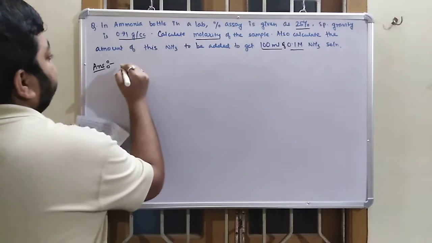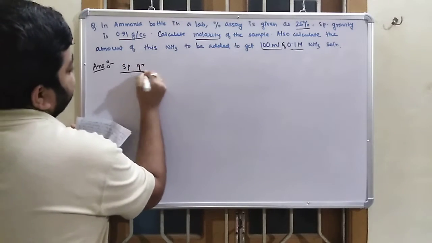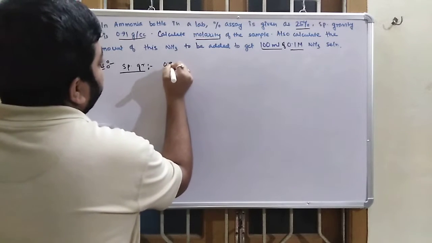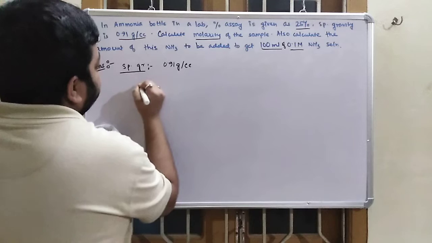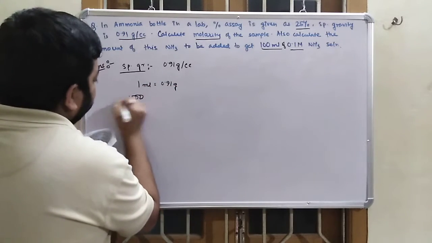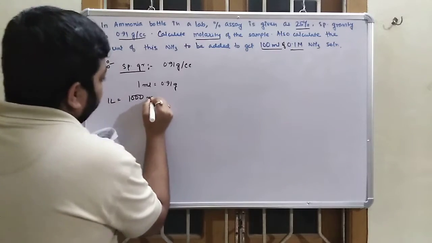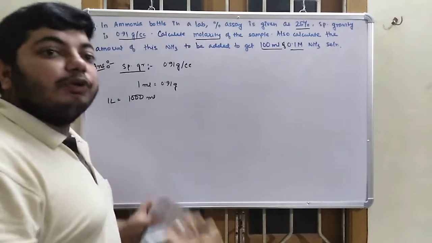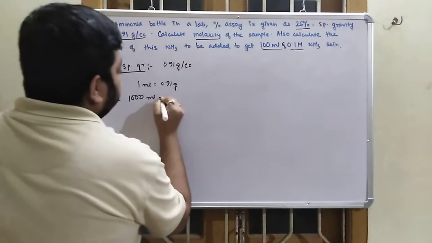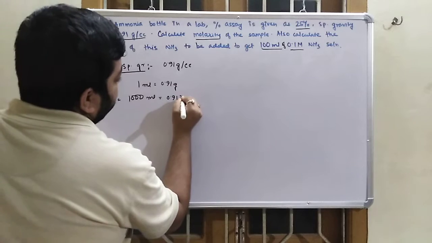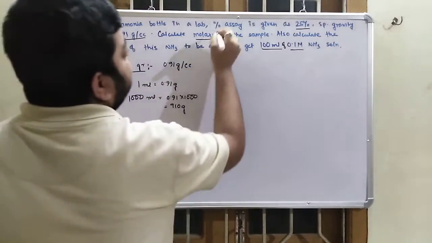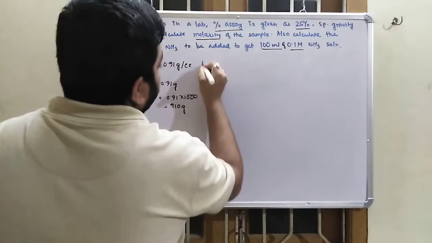Now you see, specific gravity has been given, and specific gravity is nothing but density. So it is given as 0.91 gram per cc. That means 1 ml is 0.91 gram, and in 1000 ml, 1 liter, it is 910 gram. For molarity we are concerned with liter, so we are converting this ml to liter. Now you see another term, percentage assay, has been given.